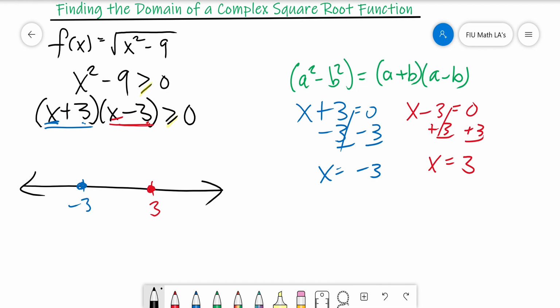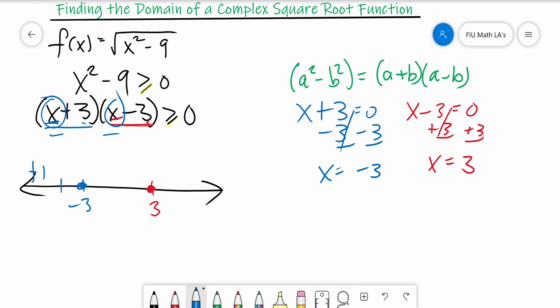So in order to do that, we're going to take some test points. The first one we can take will be, let's say, to the left of -3 here, so something like -4. And if I put in a -4 to my factors, I will say -4 plus 3, which will give me a -1, and -4 minus 3 will give me a -7, so a -1 times a -7 gives me a positive.